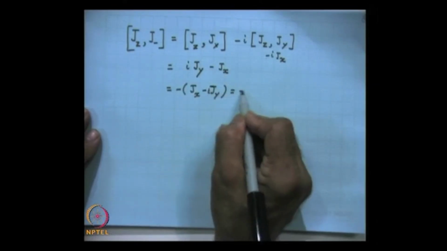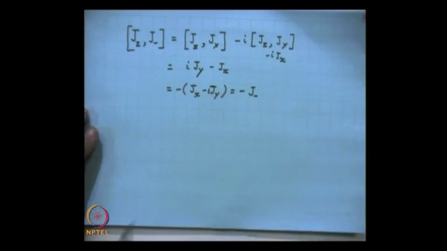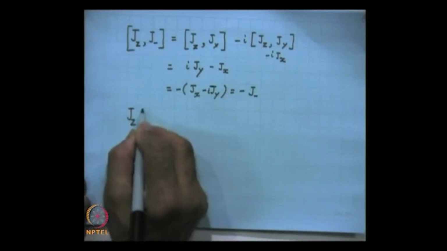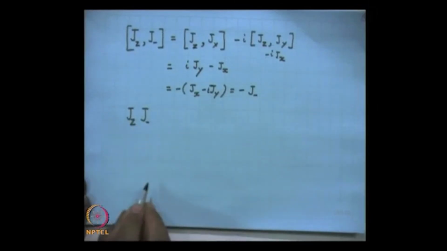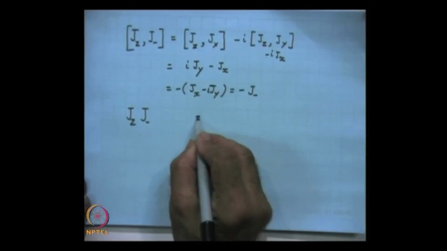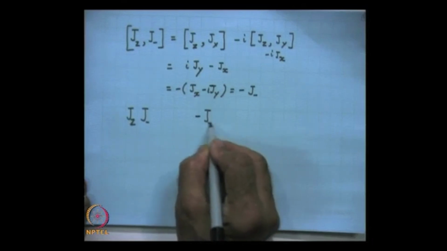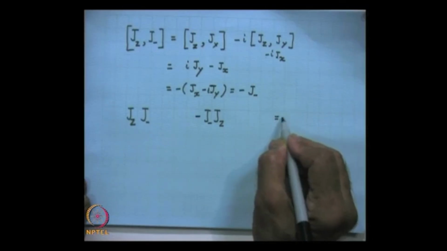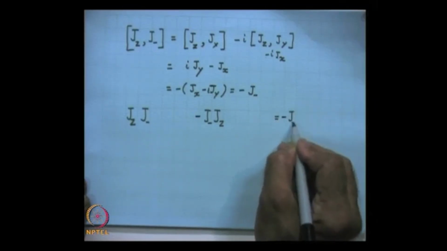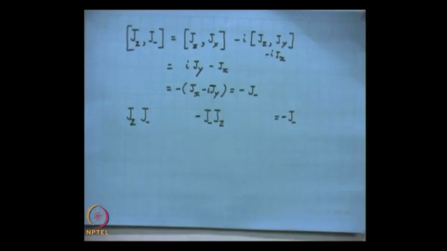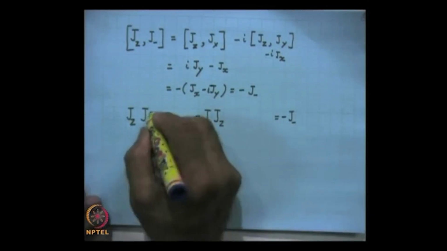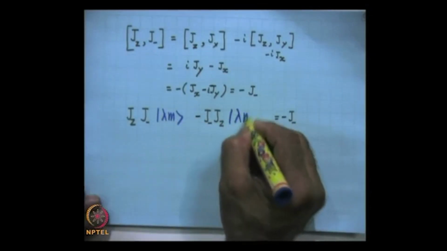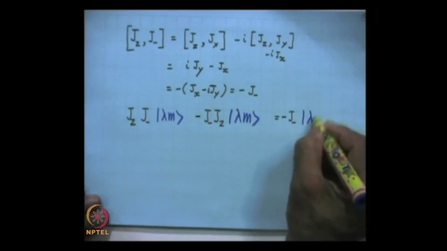So, this will be minus J minus. So, I have Jz J minus minus J minus Jz, please leave some space, is equal to minus J minus. Now, what I do is operate this on ket lambda m, operate this on lambda m, and operate this on lambda m.